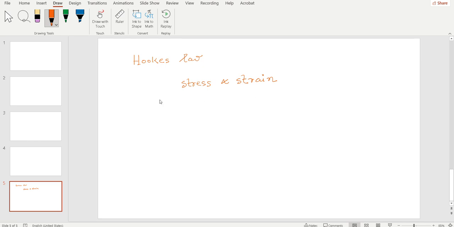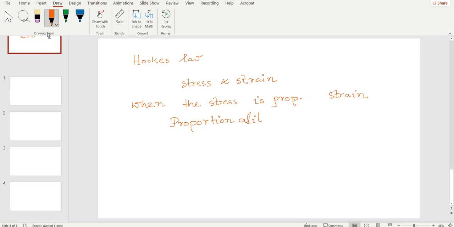When the stress is proportional to strain, what is it called? Proportionality limit.